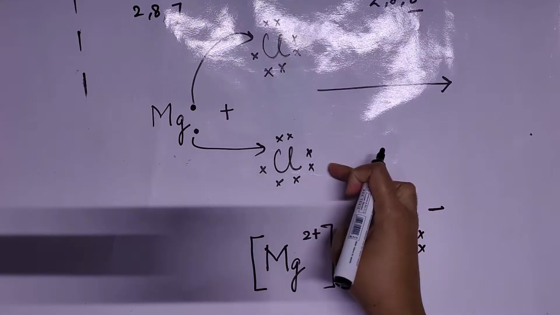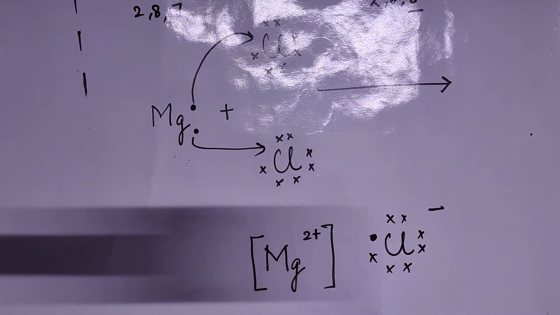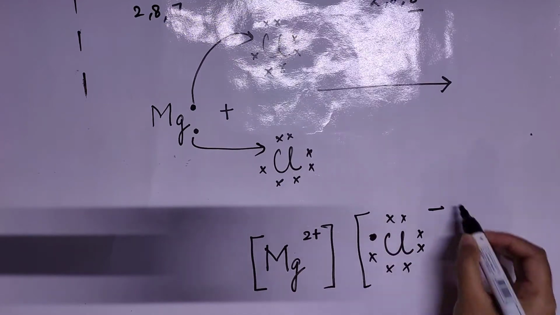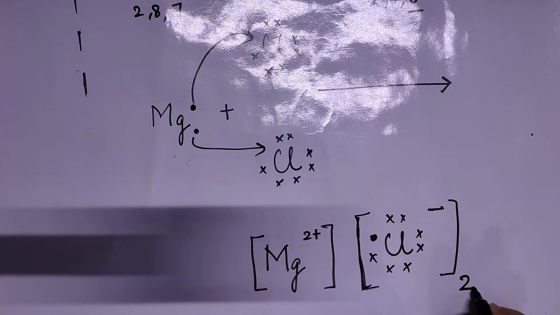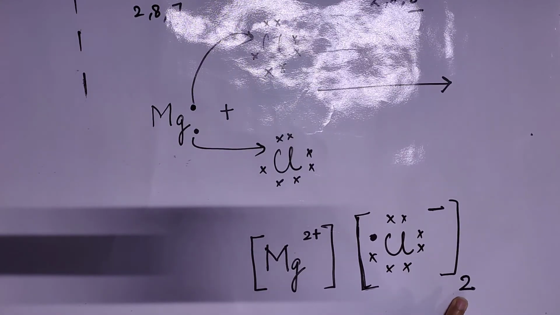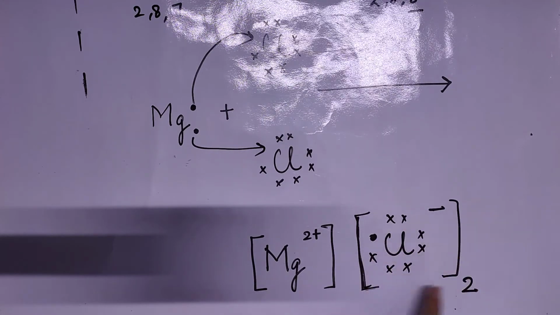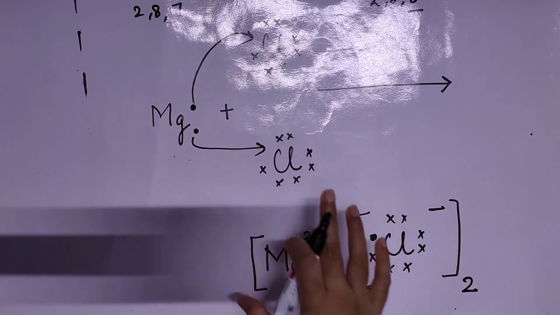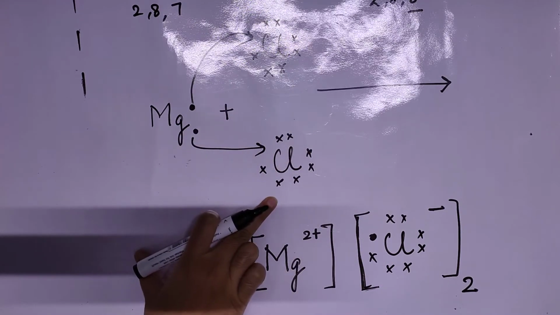Now as 2 chlorine atoms are there, definitely we are also going to get 2 chloride ions. So these 2 chloride ions we are going to represent together like this. That means when we put 2 here, it represents 2 chloride ions, and both the chloride ions will be like this only. Just observe what will happen. Here is a chlorine atom, and here is also a chlorine atom.